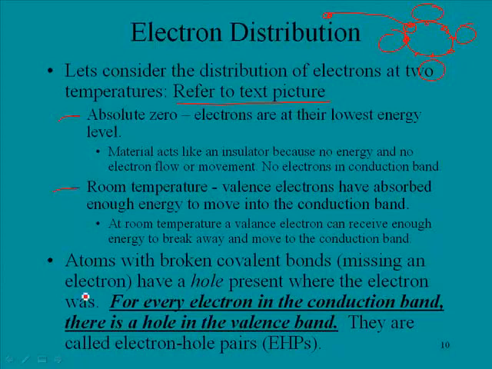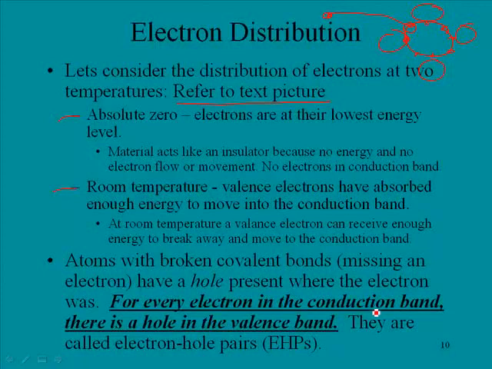This is a concept we have not talked about before. Here we have this piece of silicon atom. It had an electron right here. That electron moved out to become a free electron, and what is in its place we call a hole. Now there's nothing there. It simply means that it is a vacant spot where an electron was.